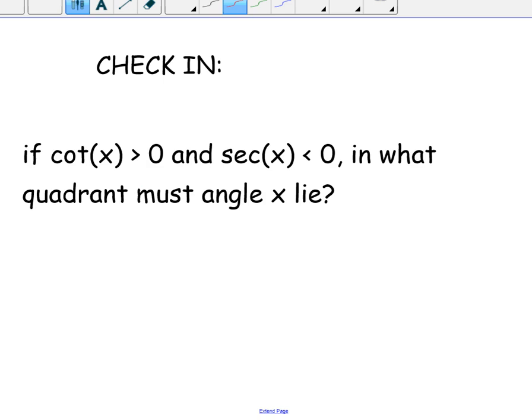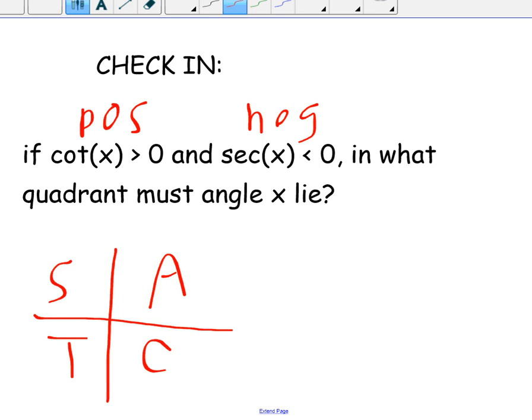So, quick check-in. If cotangent of an angle x is greater than 0 and the secant of angle x is less than 0, in what quadrant must angle x lie? Okay, so if cotangent is greater than 0, it's positive, and if cotangent is positive, then its reciprocal, tangent, is also positive.